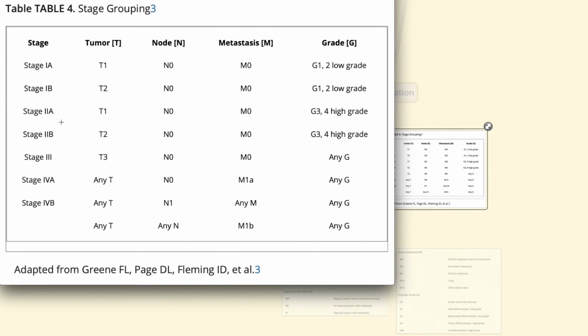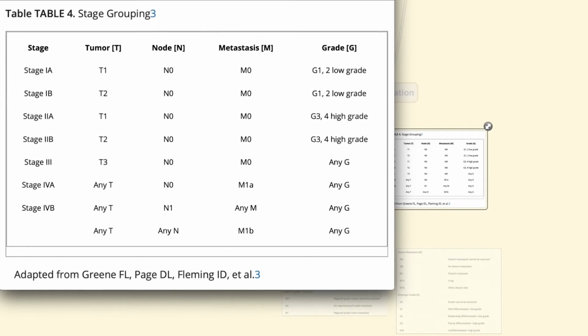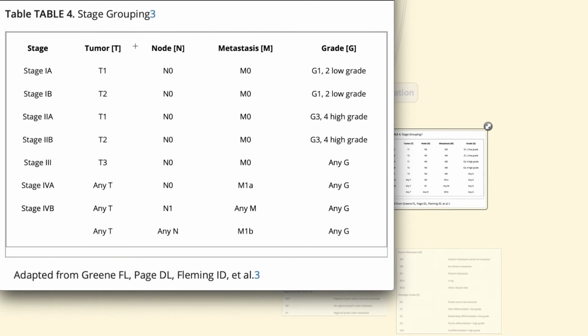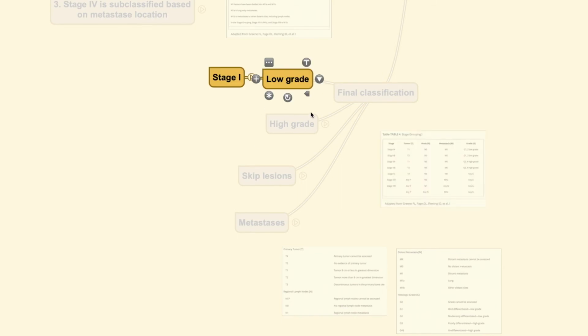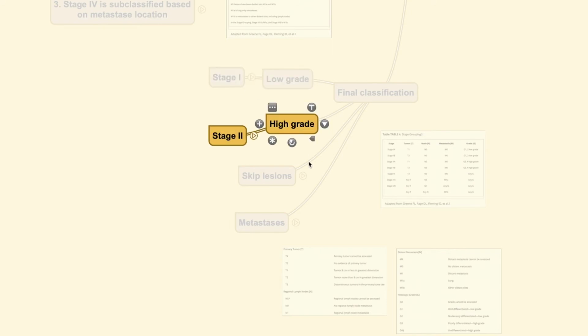So when looking back at the initial Enneking stages, we can see that this modification of it has been very comprehensive, and one can clearly define the level or the degree of the disease just based on these numerics. Well, for the final classification, we can see that low grade is in stage 1, whether it is a 1A or 1B.